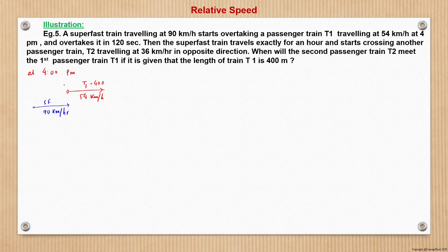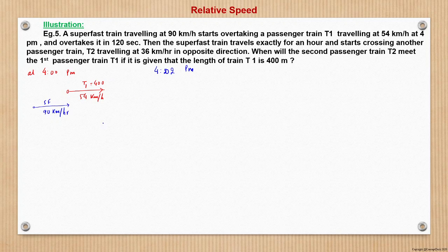So this is the status as on 4 p.m. Now after 120 seconds, that is at 4:02 p.m., what happens?